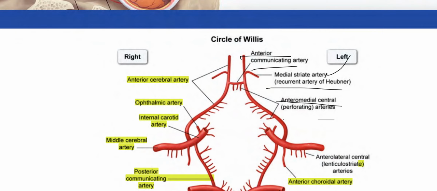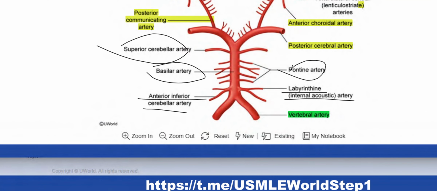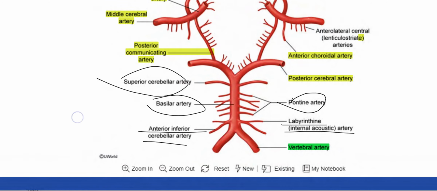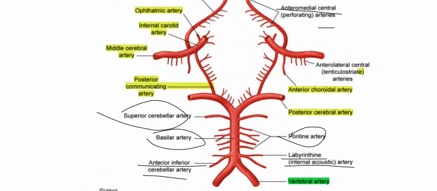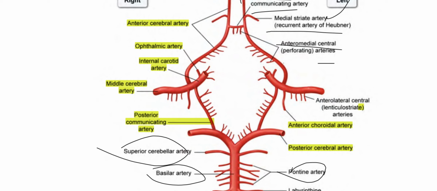So once again, the vertebral artery leads to the basilar artery, which branches into the anterior inferior cerebellar artery, labyrinthine artery, that is the internal acoustic artery, pontine artery, and superior cerebellar artery. Then we have the posterior cerebral artery, communicating with the middle cerebral artery through the posterior communicating artery. The internal carotid artery gives a branch to the middle cerebral artery and also gives rise to the ophthalmic artery.